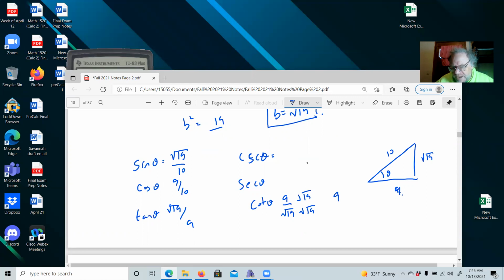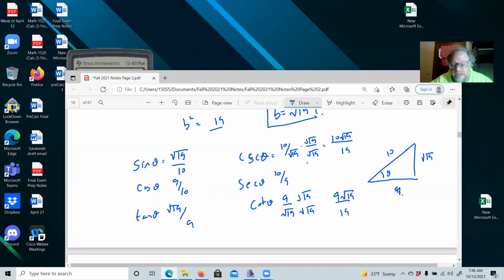So we have 9 roots of 19 divided by 19. Secant is the reciprocal of this one, so it's 10/9. And cosecant is 10 root 19 over 19, right? That's all I'm asking for that question.